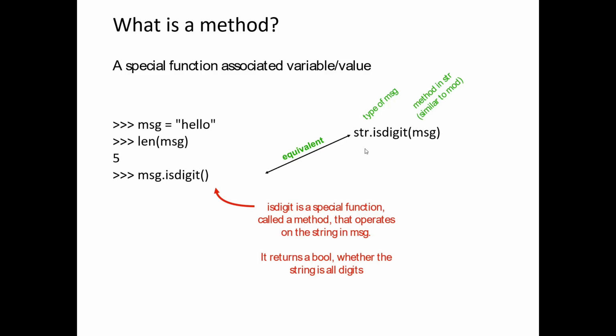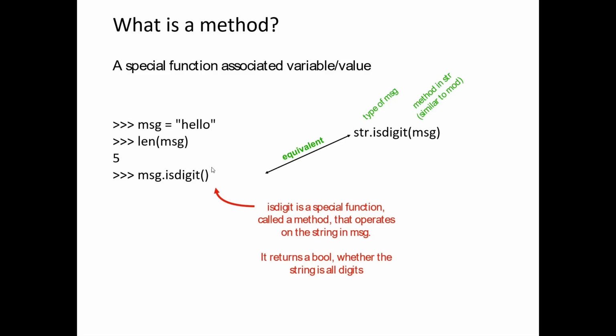It's redundant in that I already know that the message is of type string. It's right here. Python knows this already. So for me to go back and say, go to the string module, Python doesn't need that. It already knows that the message is of type string. So I can just call isDigit directly without having to use this extra information. It makes it a little cleaner.